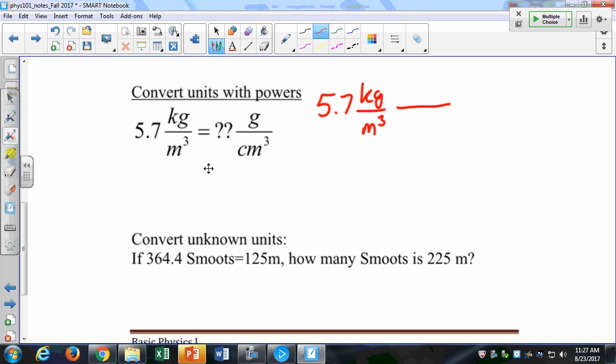I know from my metric prefixes that 1 kilogram is equal to 10 to the third grams, and 1 centimeter is equal to 10 to the minus 2 meters. That's from my metric prefix list.